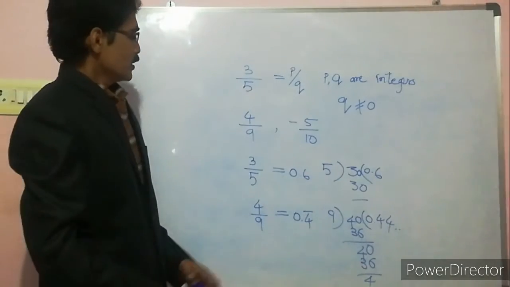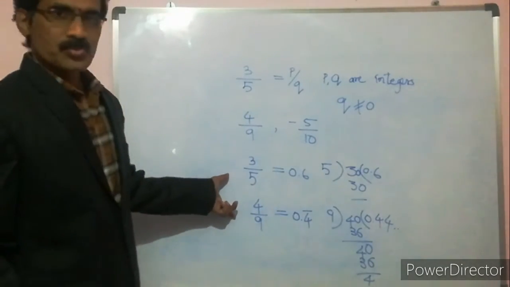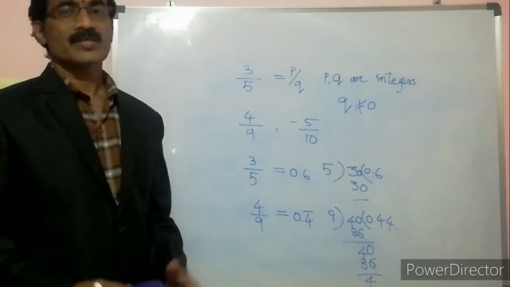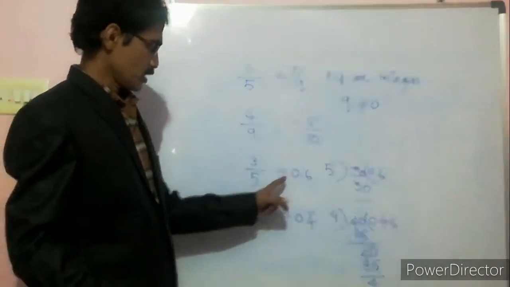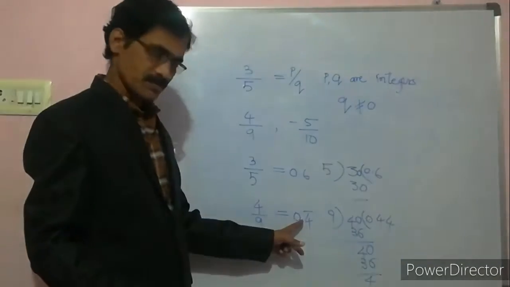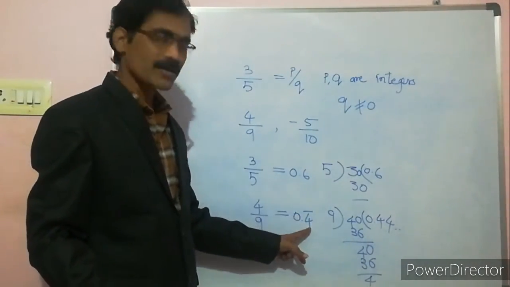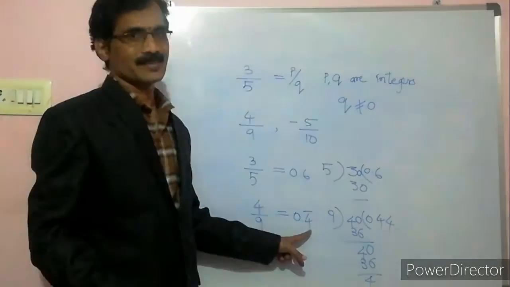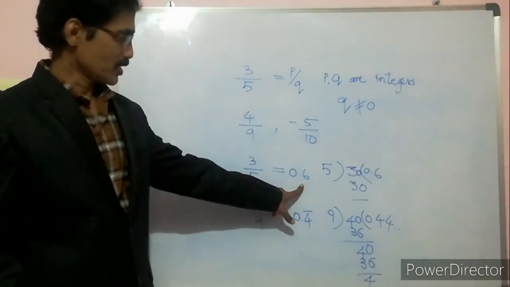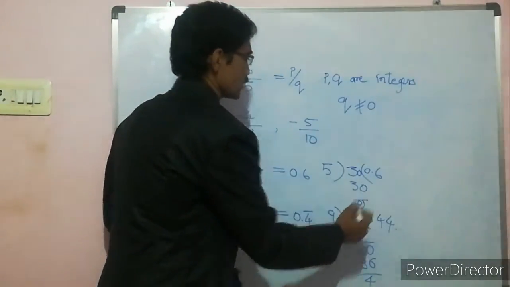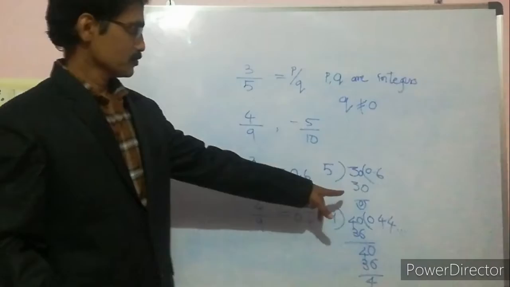By observing these two rational numbers, we can conclude that any rational number can be expressed in the form of a decimal, either a terminating decimal or a non-terminating repeating decimal. This is a terminating decimal because we got remainder 0 here.